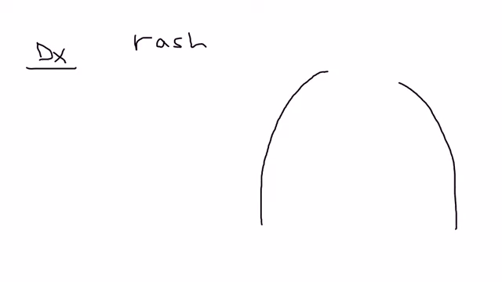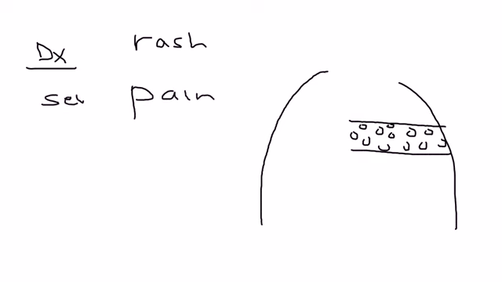In terms of diagnosis, really just the nature of the rash. I keep drawing it, but it's really, if you see a rash that kind of appears right along the dermatome, it's very characteristic. The severe pain that's involved, and also the quality of the pain, such as piercing, stabbing, stinging, and also, of course, the location and the nature of it, the band-like distribution.